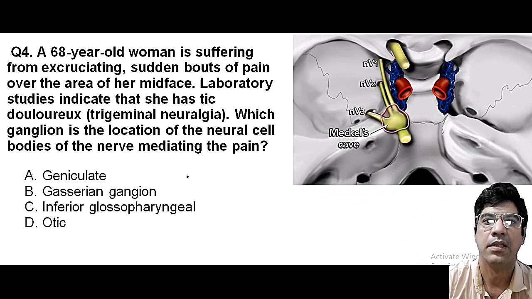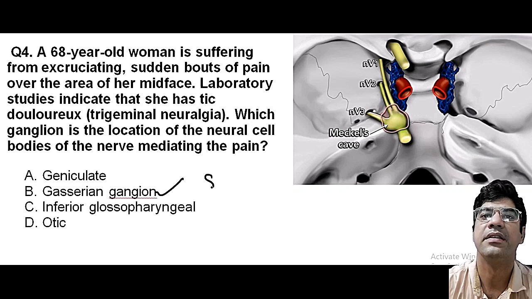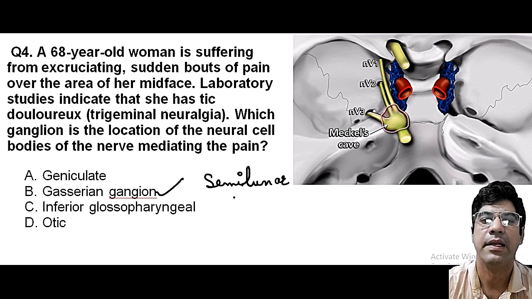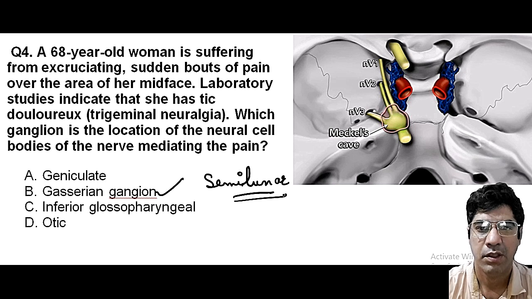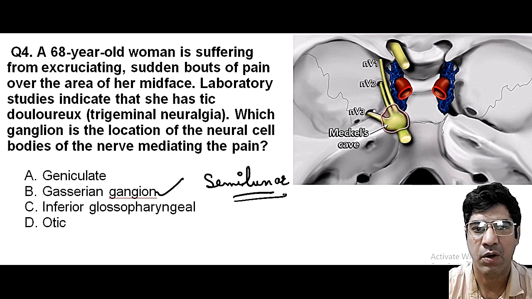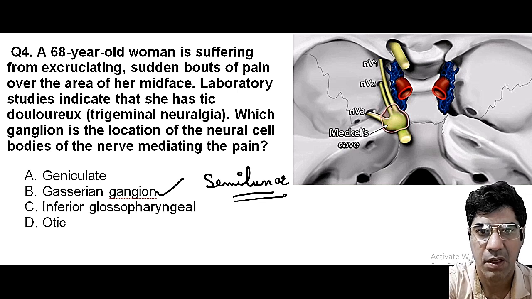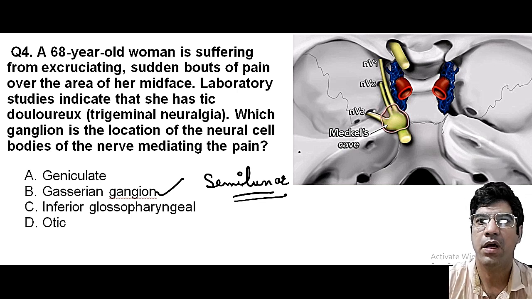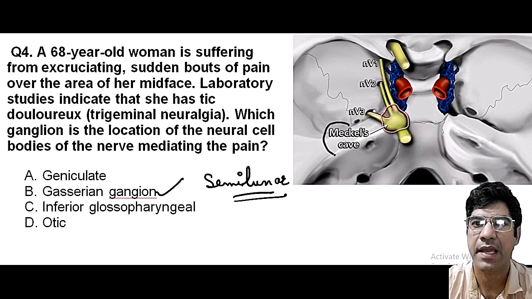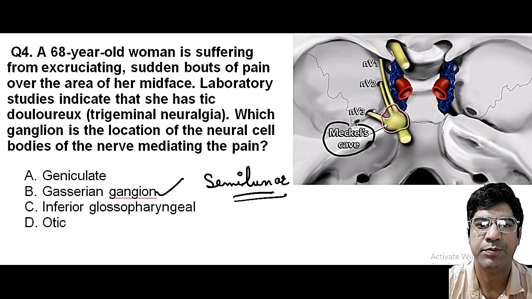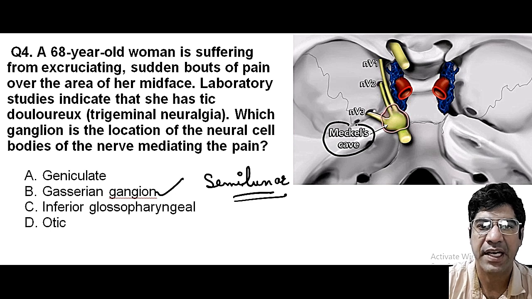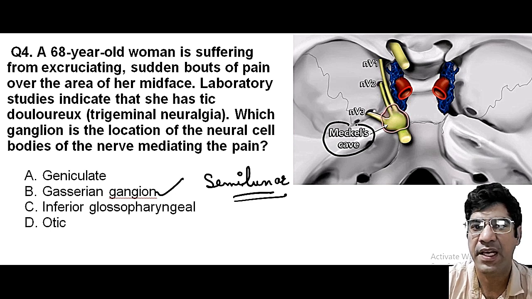Remember, the other name of the Gasserian ganglion is the semilunar ganglion. It is the location of the sensory neuron cell bodies of the trigeminal nerve. First of all, you should know what Meckel's cave is. Meckel's cave is a small hollow cavity inside your skull, specifically in the middle cranial fossa.